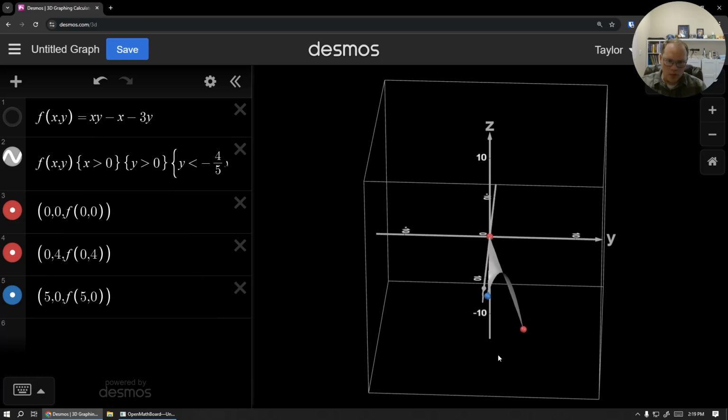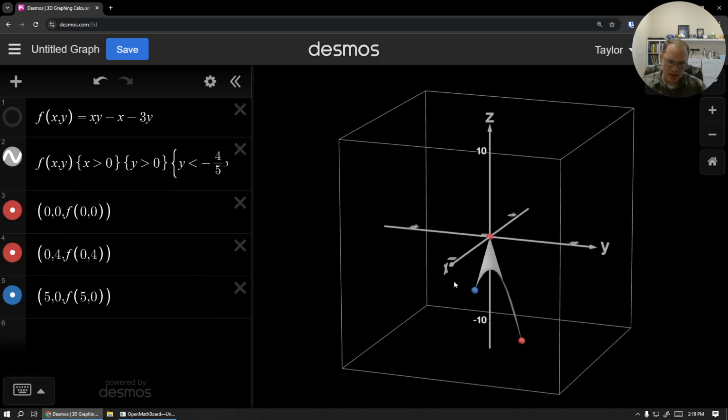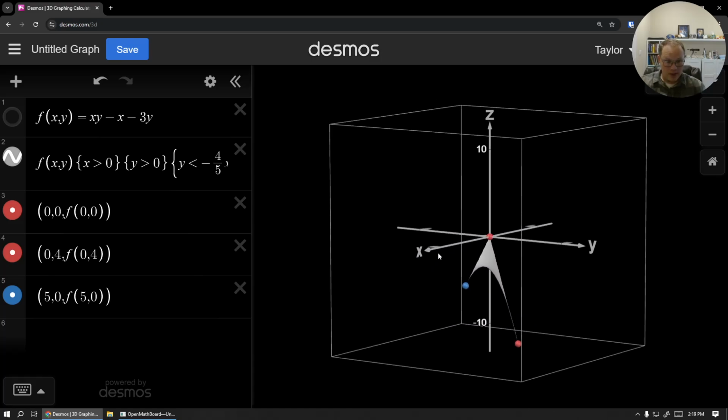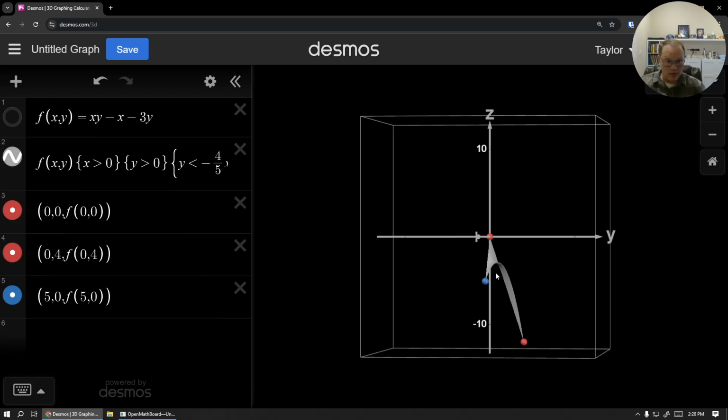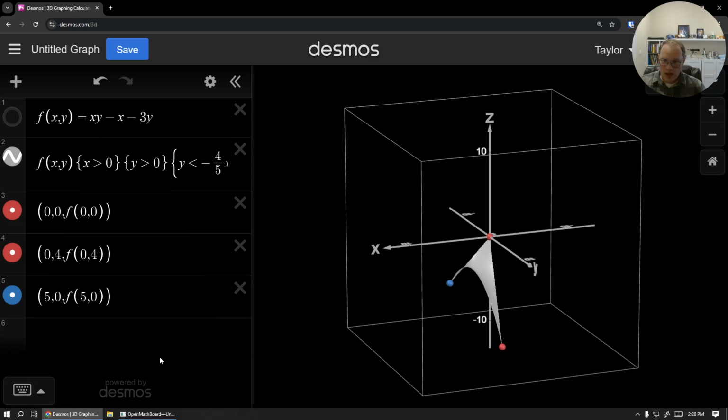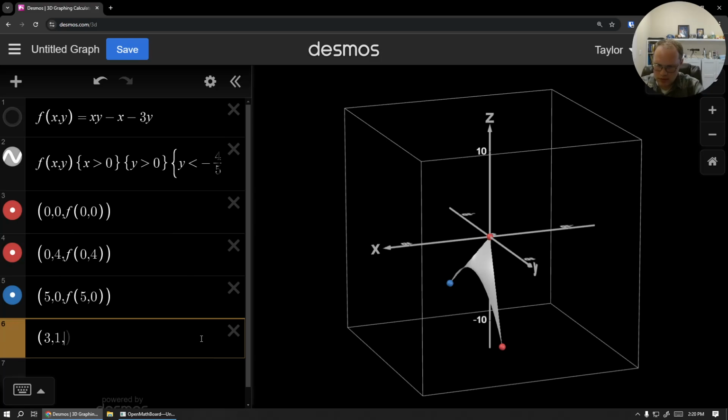But really the only reason we included it is because we couldn't find information about it any other way. It was a point right at the corner, and so we couldn't use a derivative to find any information about it. Okay, in this case, it's kind of a local minimum, right? It's not an absolute minimum. And there was (3, 1).